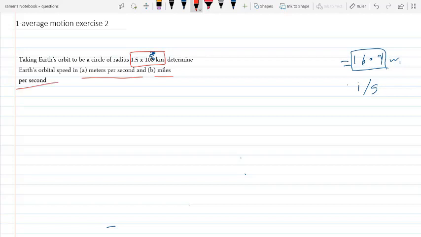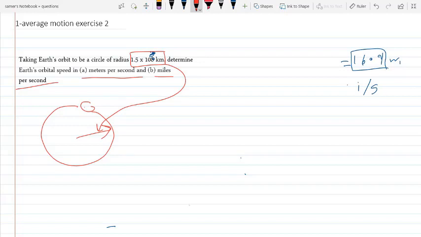So the Earth is orbiting around the Sun, as we know, and the radius of this orbital motion is 1.5 times 10 to the 8 kilometers. We need to determine the Earth's orbital speed in meters per second and miles per second.